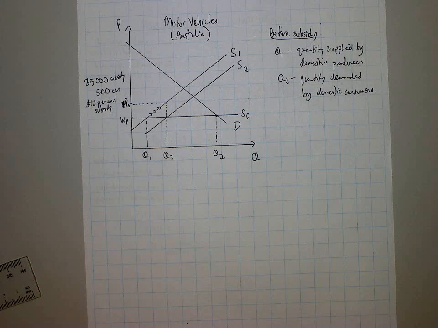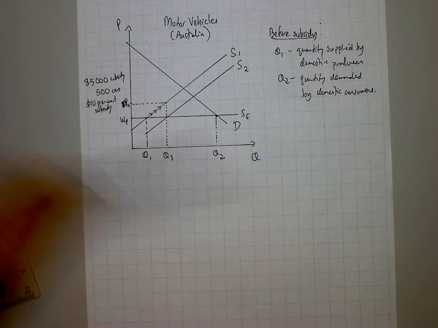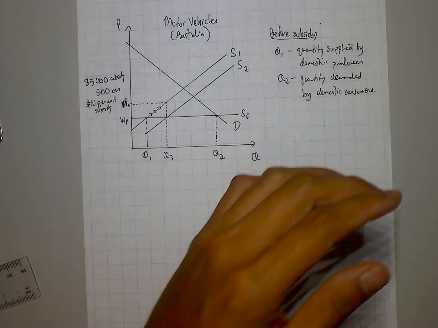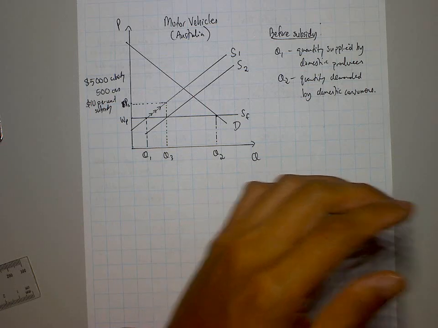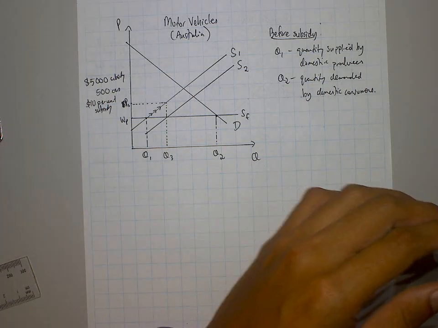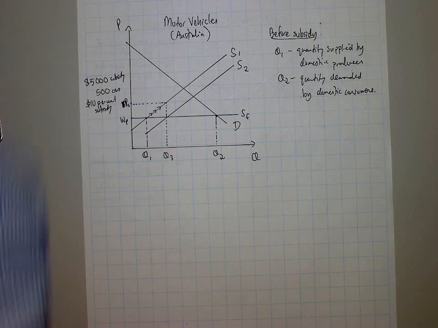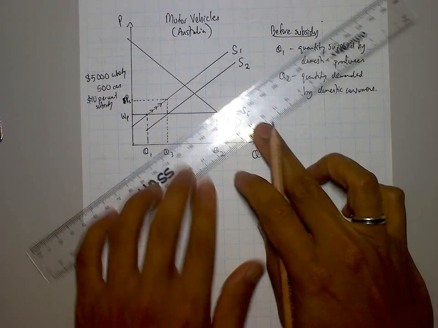So common mistakes that students make when they're drawing the supply curve for this is sometimes students shift the supply curve too far. So I'll show you how that will look like. So please don't do this, okay?